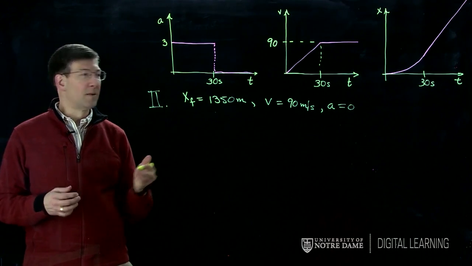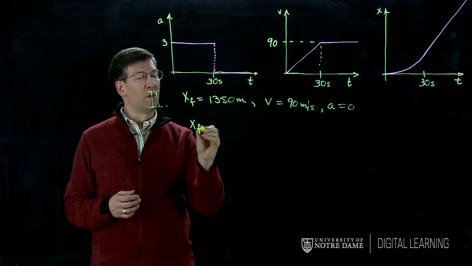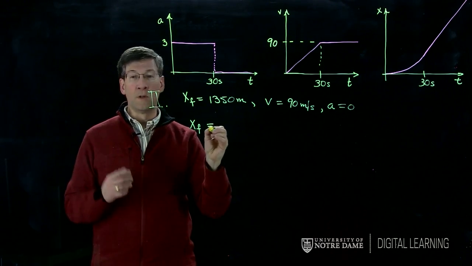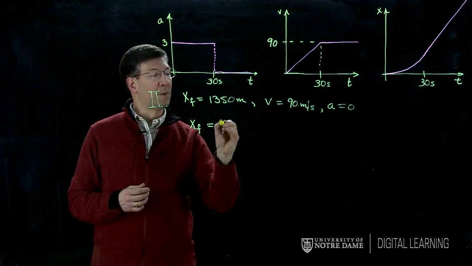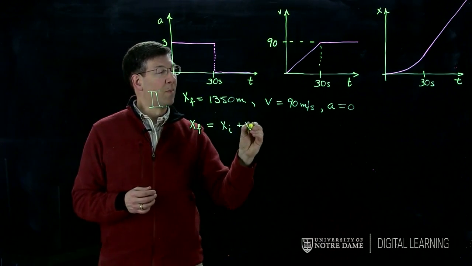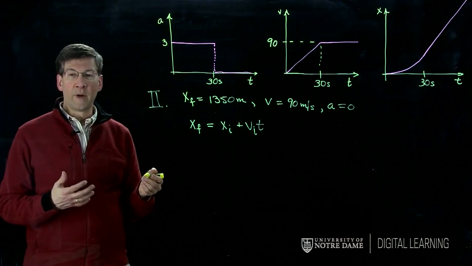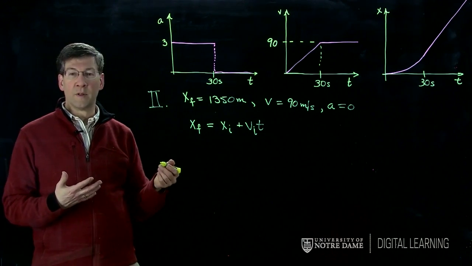So we have these things described already. We can write that the final position after the end of the second epoch is equal to the initial position at the start of the second epoch plus my initial velocity times time. We can leave off the 1/2 at squared part because the acceleration is 0.